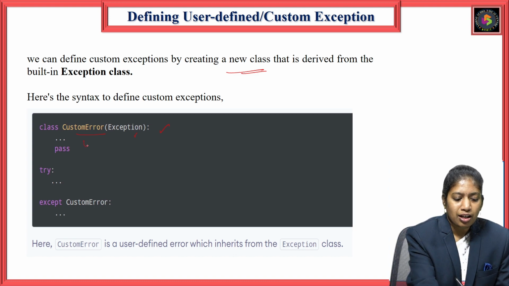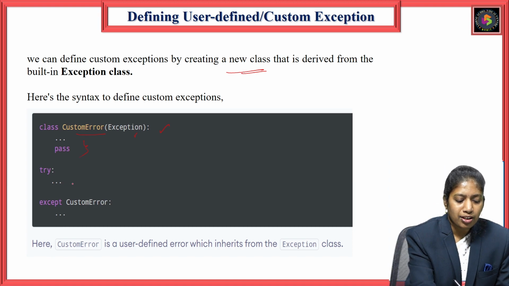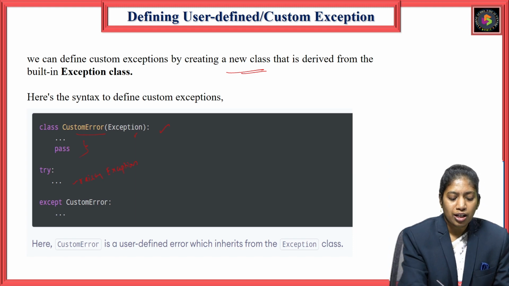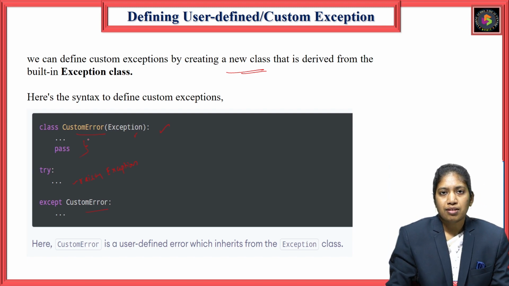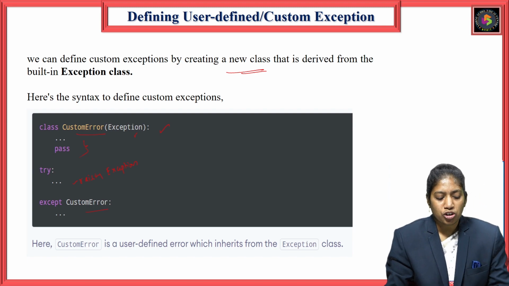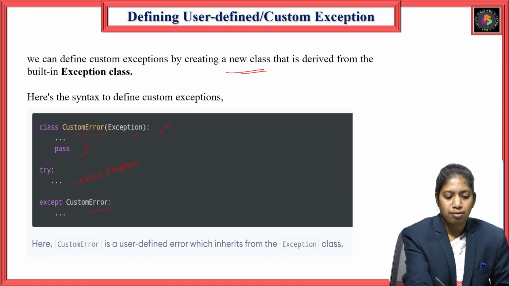Whatever functionalities and modules we need to write, we can write inside the class. The code that raises the exception needs to be written in the try block, and the corresponding customized user-defined exception must be mentioned in the except class. Here CustomError is a user-defined exception that must be inherited from the Exception class, the base class.